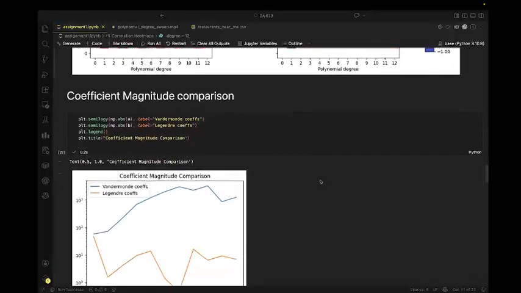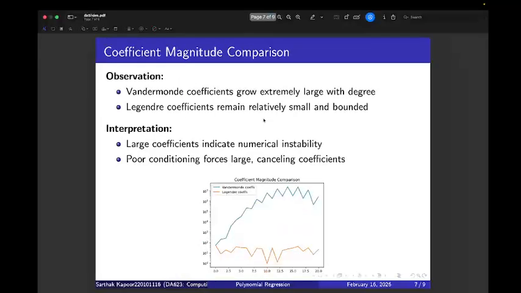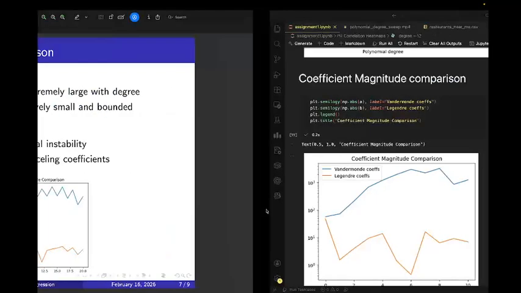Then we have the coefficient magnitude comparison. In the coefficient magnitude comparison, what we are trying to do is compare the magnitude of the Vandermonde coefficients, that is the coefficients we get after fitting, and the Legendre coefficients. This is plotted on a log scale.